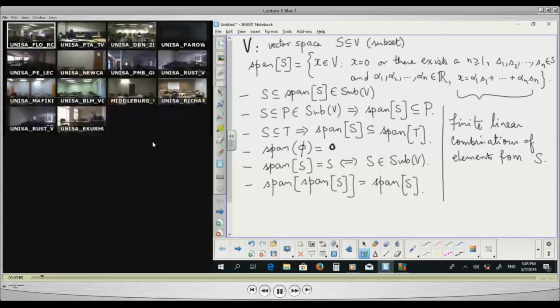Now my question is about this representation. So span of S is precisely the collection of all those vectors which can be represented as a finite linear combination of members of S. Now is this representation unique?